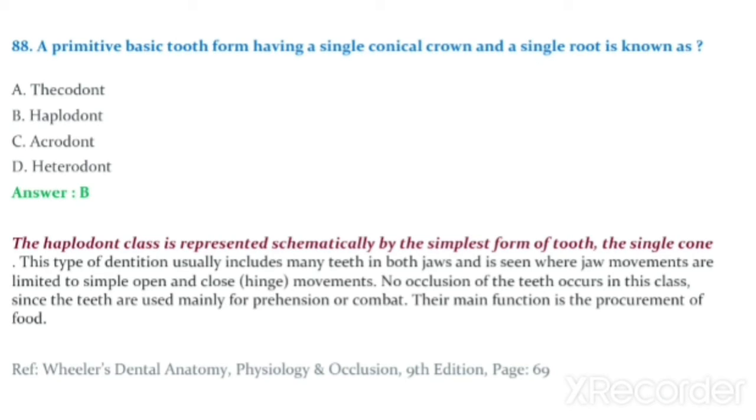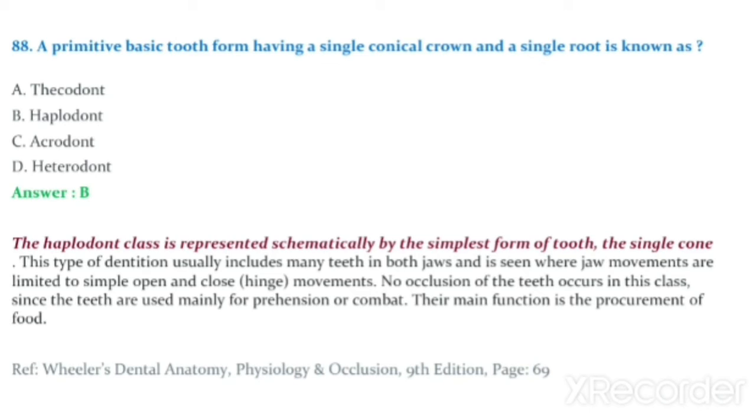This type of dentition usually includes many teeth in both jaws and is seen where jaw movements are limited to simple open and close, that is hinge movements.